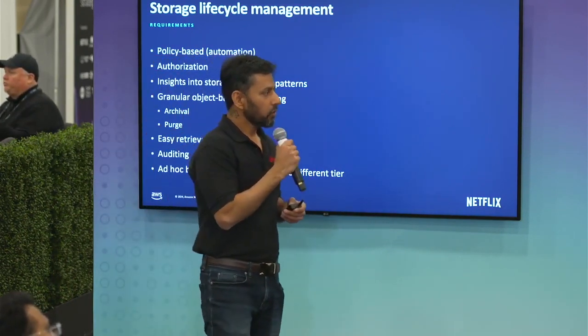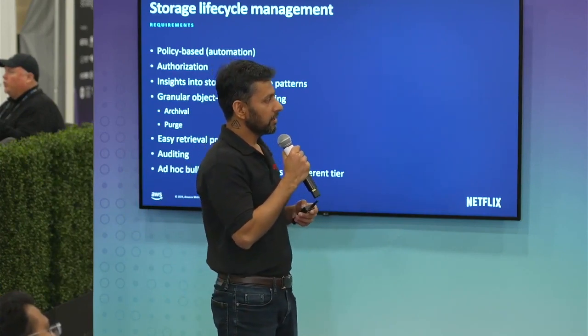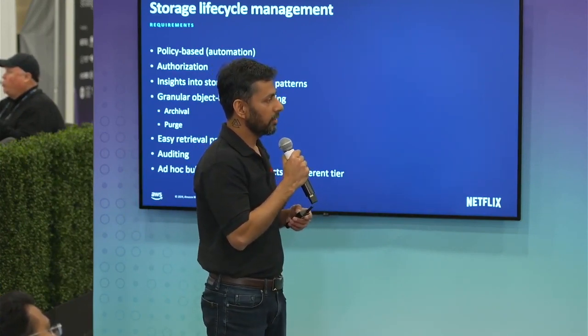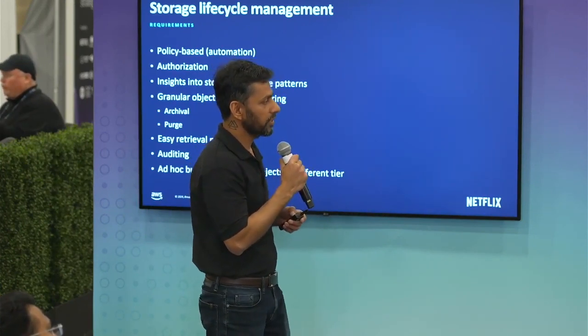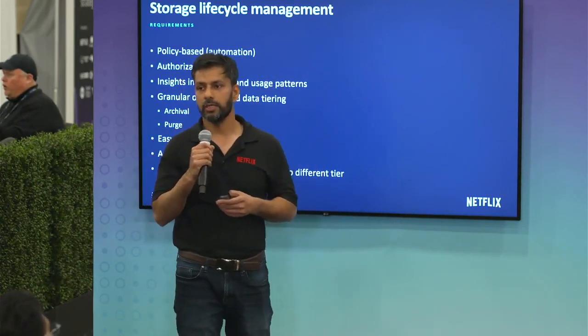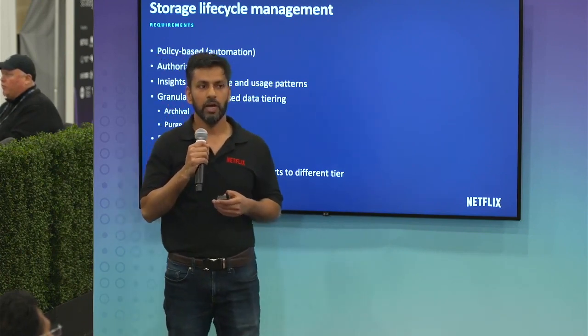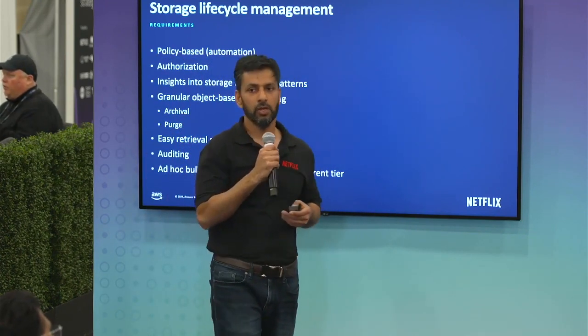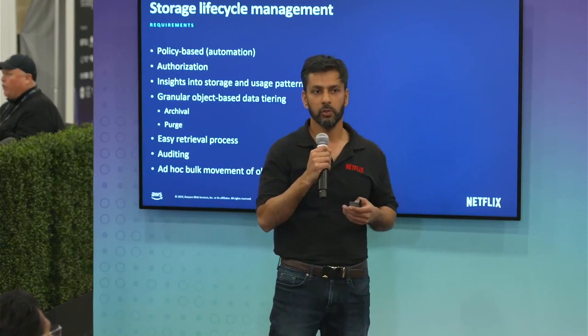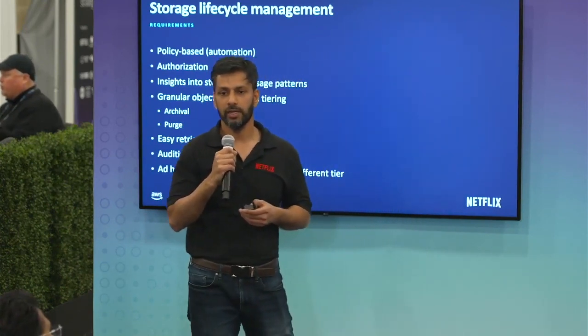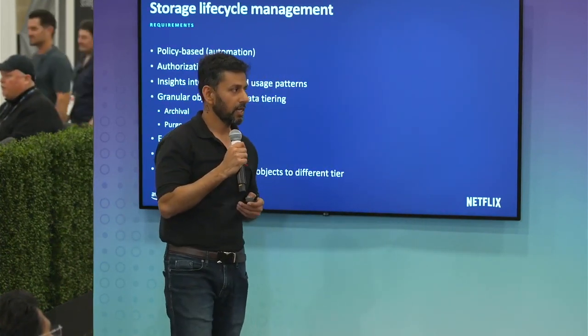And another key requirement that we had was ad hoc bulk movement of data. Historically, we have stored all our data in one storage class. So we have accumulated about hundreds of petabytes there, and we wanted to bulk move from one storage tier to multiple storage tiers, and that's where we needed that.